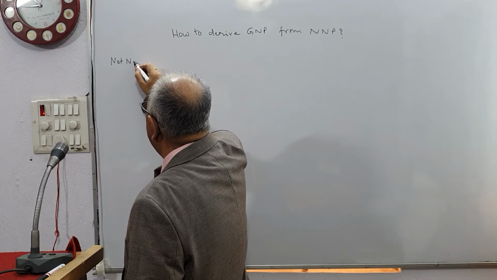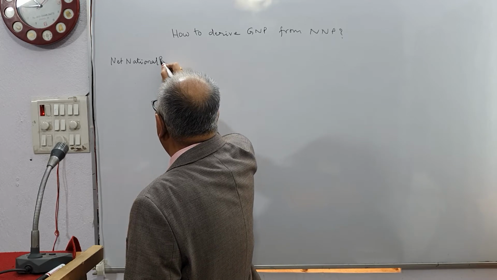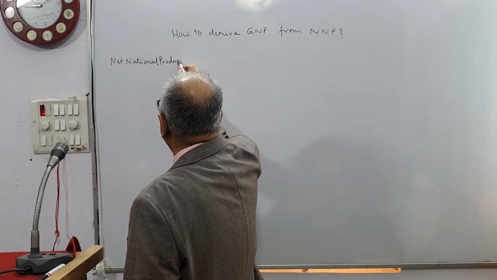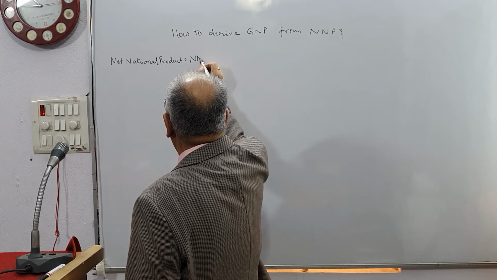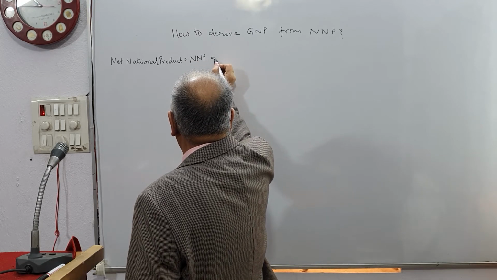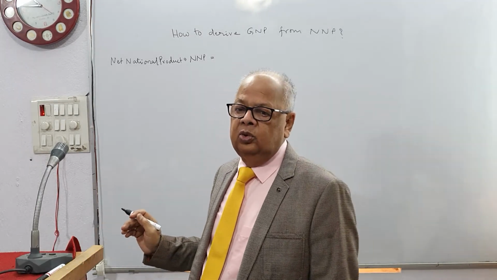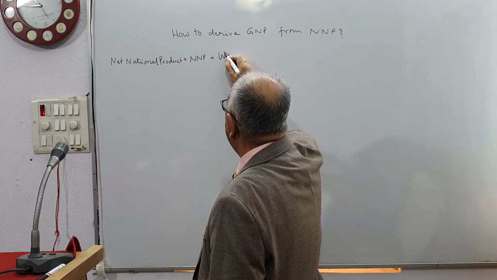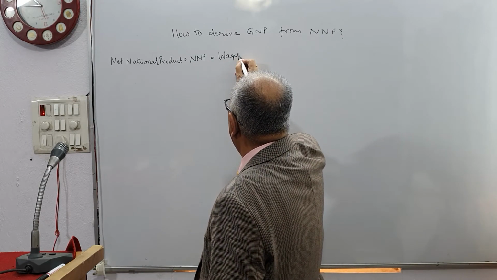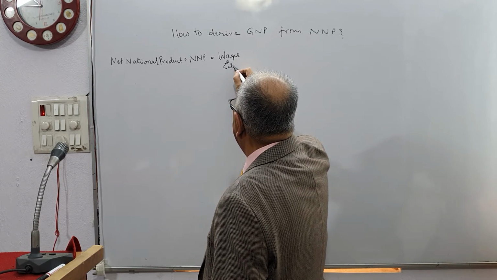So first take net national product, that is NNP. NNP is equal to first term wages and salary.